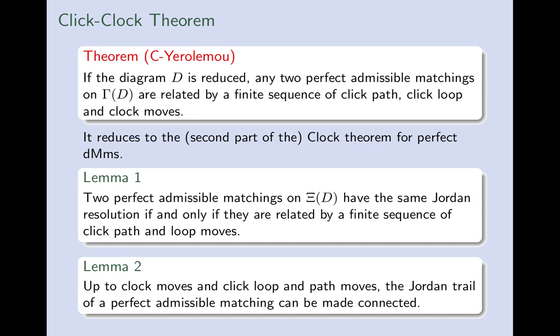That if we start from any perfect and admissible matching on a given knot projection, we can perform a suitable sequence of these moves in such a way that after a certain number of steps, we are always reducing the number of connected components in the Jordan trail associated to that admissible matching. And I'll be more clear in just one second.